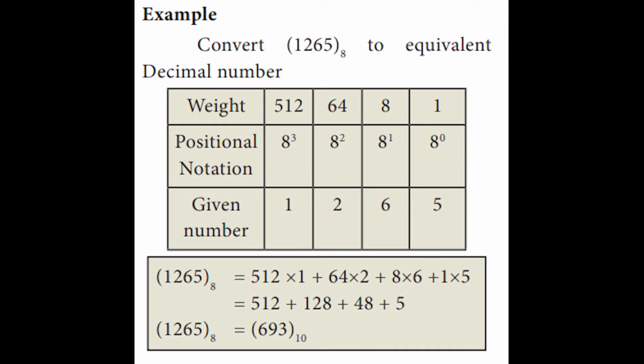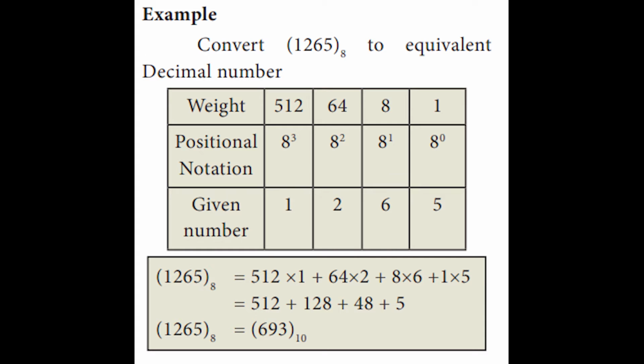So we have given the number and the positional notations also. Now we know the values. 8 power 3 is 512, so in the place of 8 power 3 we take 512 into 1. That means 512 plus, and then next 8 power 2 means 64 into 2, and then 8 power 1, that is 8 into 6, and then 8 power 0 is 1 into 5.